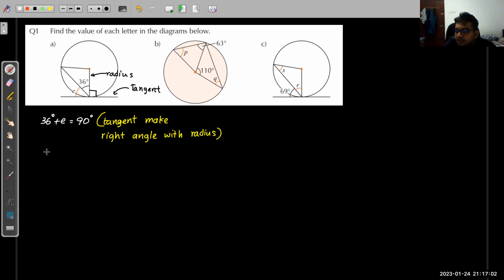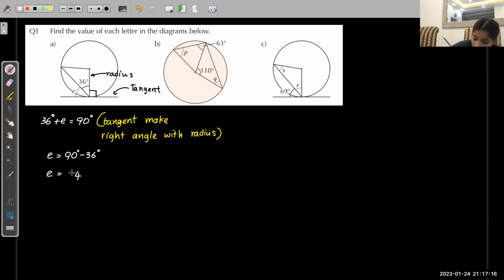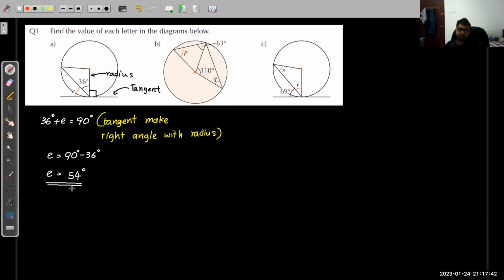So we can write E equals 90 minus 36. When it has the line below the circle, I have to say that it's a right angle.